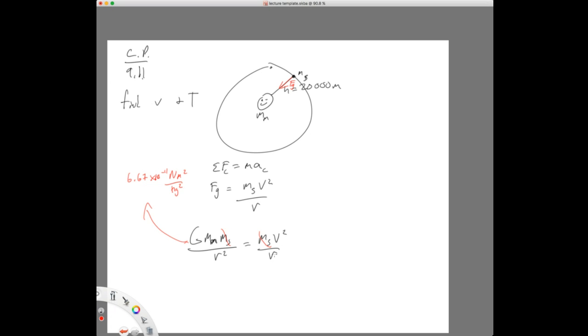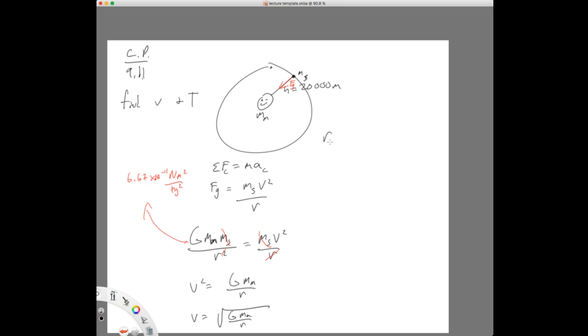So we recognize we can cancel one of these r's, and then the formula for v squared is G m moon over r. And v would just be the square root of those numbers, G times the mass of the moon over r. Now the problem goes ahead and gives us the mass of the moon and the radius of the moon.